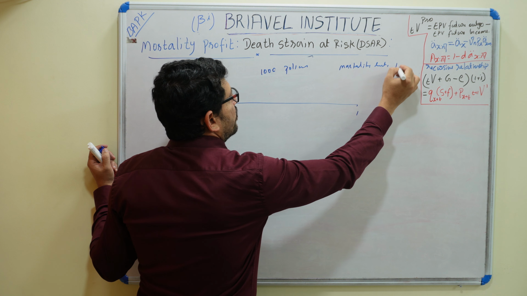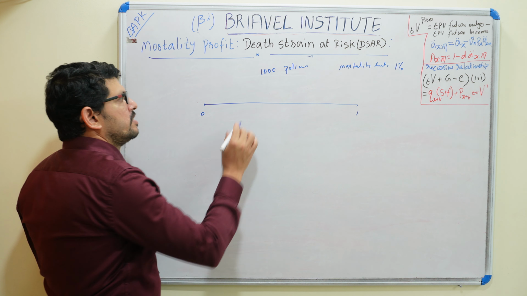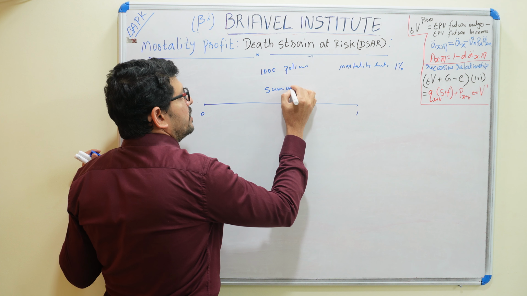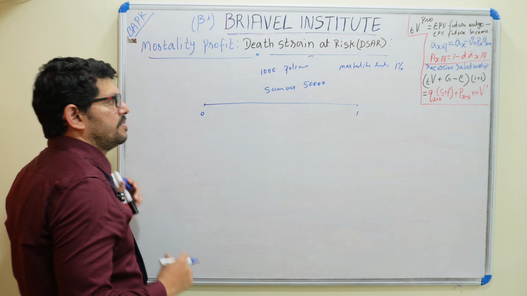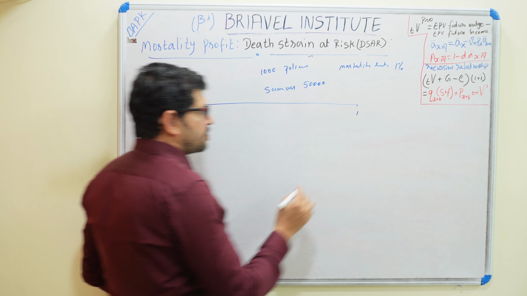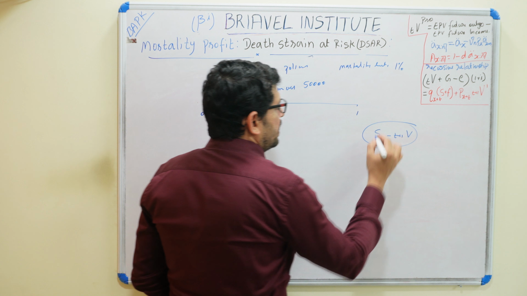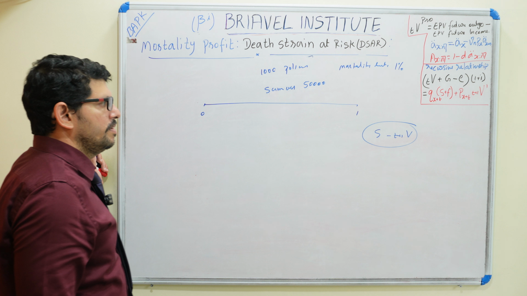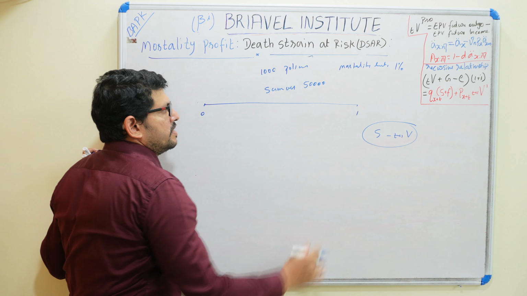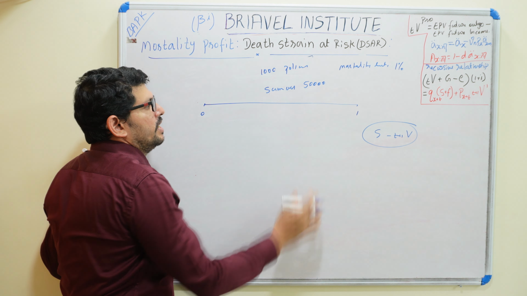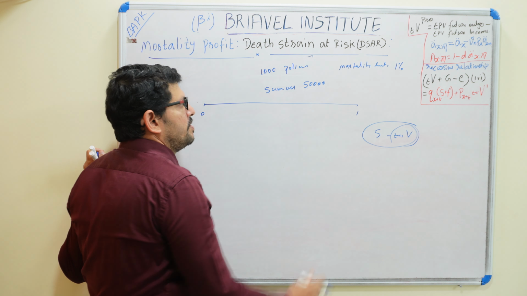The sum assured paid on death is 50,000. So S minus t+1 V is my death strain. Here there is no reserve because it's only a 1 year policy, so we have only the sum assured amount.